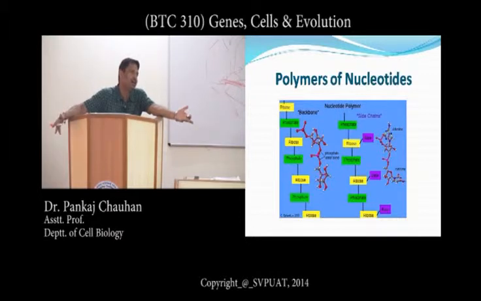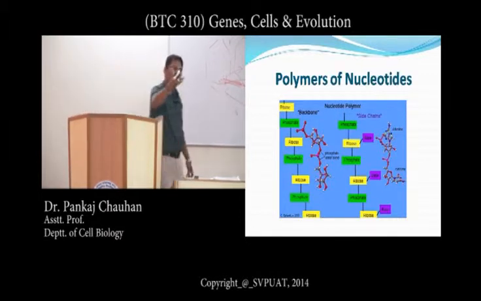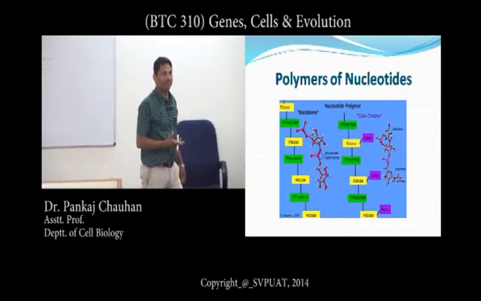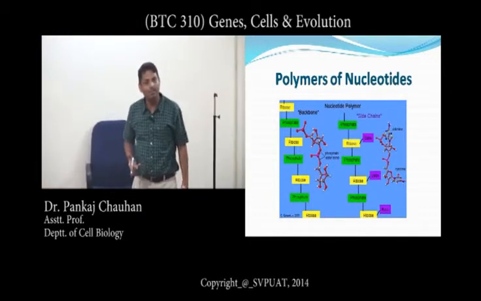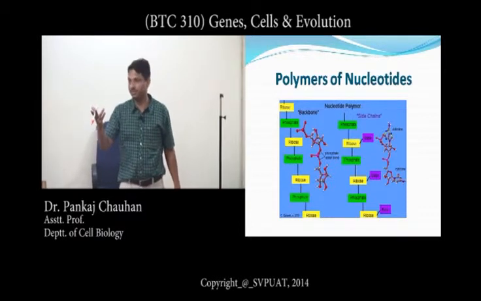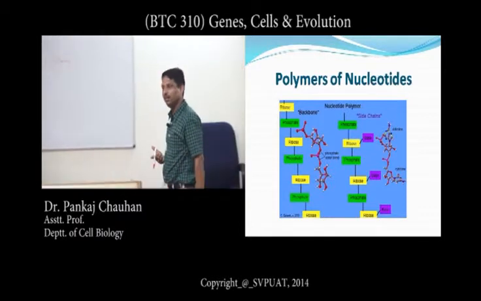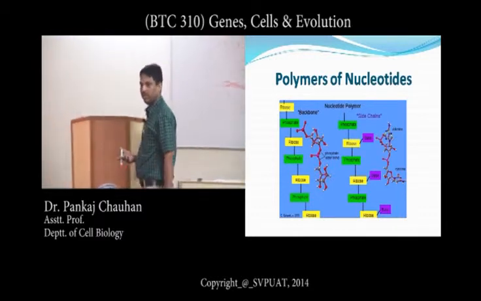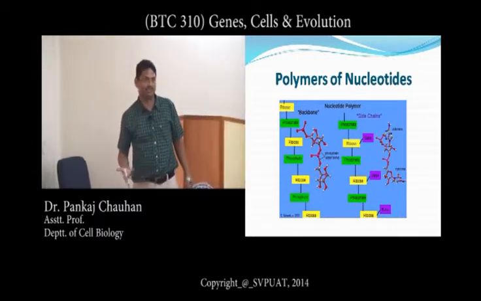Because of this, you can see the diversity among themselves. This is all due to polymers of nucleotides, polymers of polynucleotides. That means we are talking about the proteins. And polymers of nucleotides, we are talking about the nucleic acids.